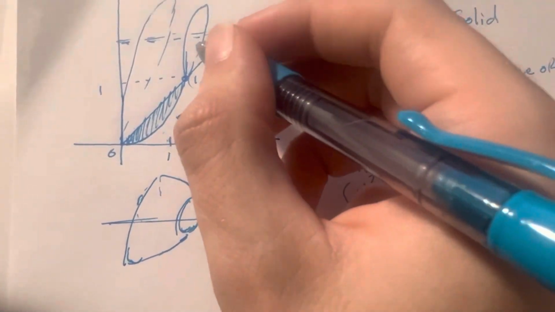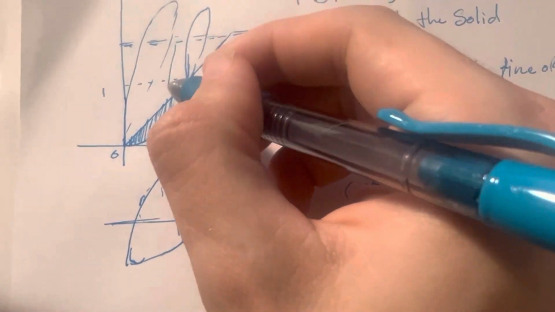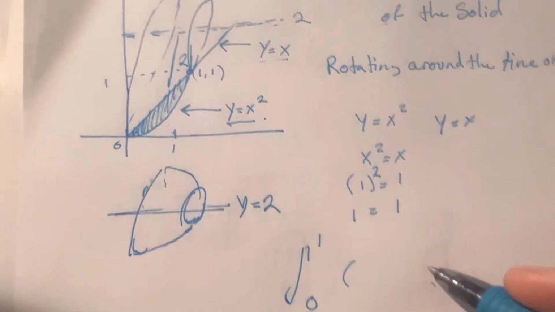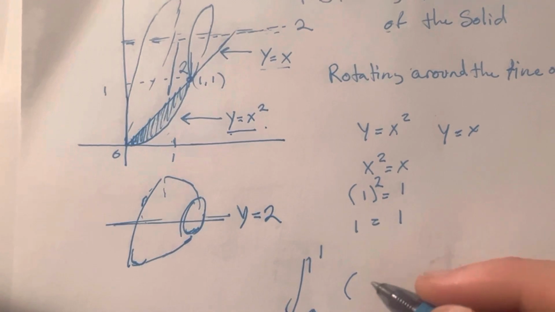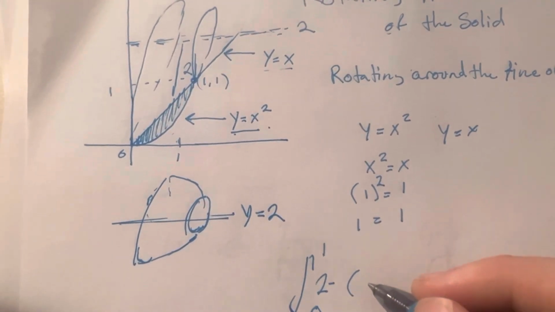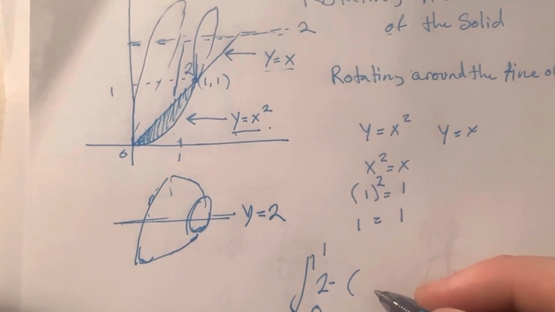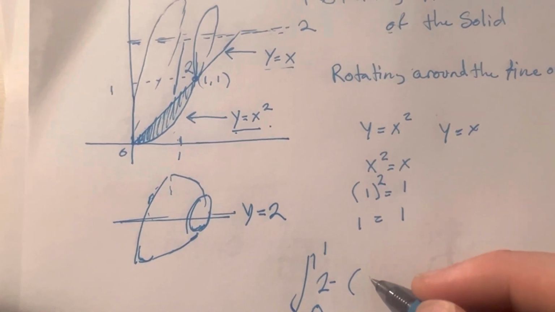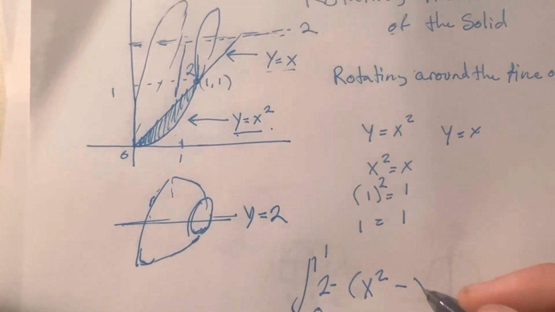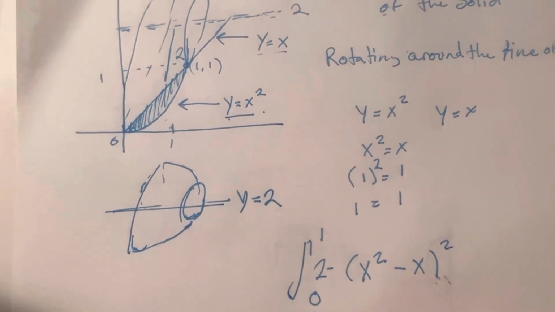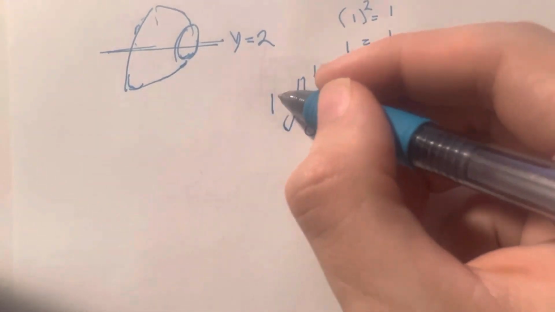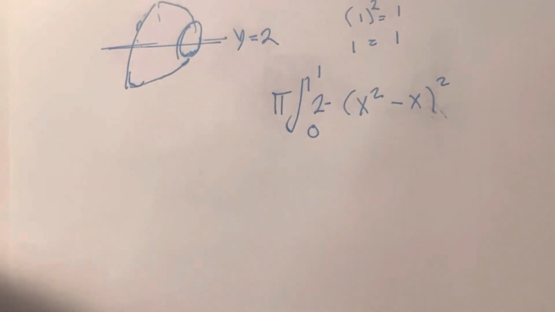Since the radius is rotated around this axis and there's a distance of 2 between the upper function and the lower function, it would resemble something like this: 2 minus x squared, minus, 2 minus x, moving my camera down, and then multiply this by pi.